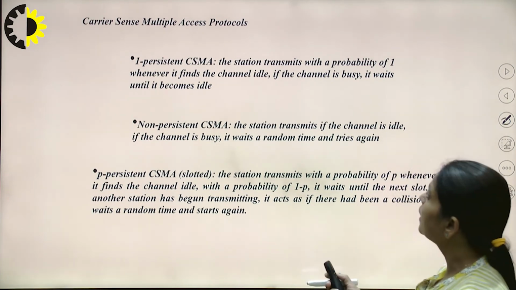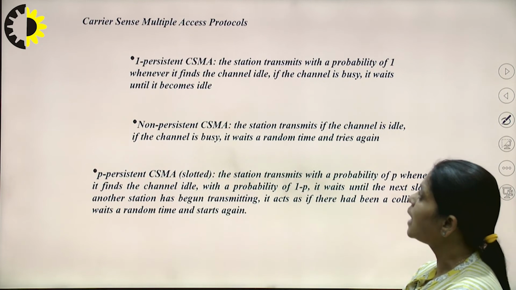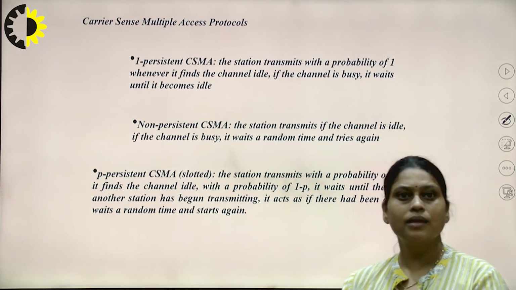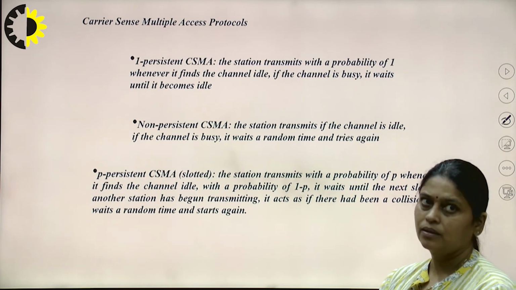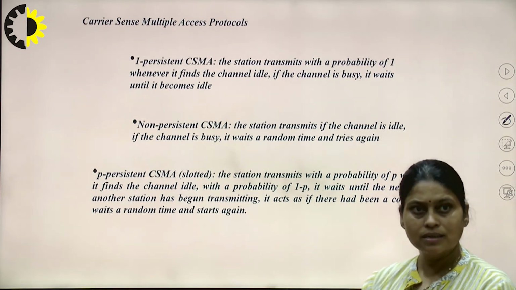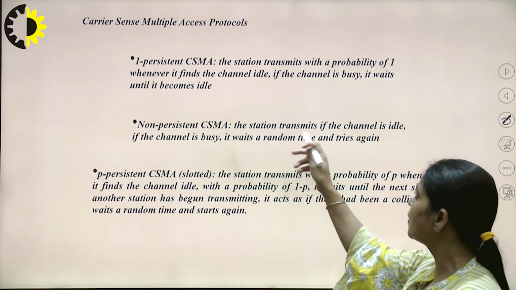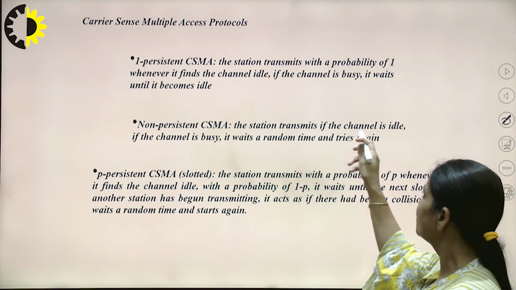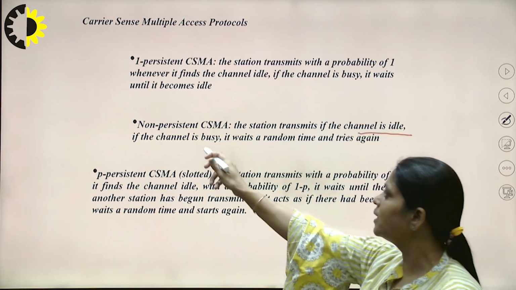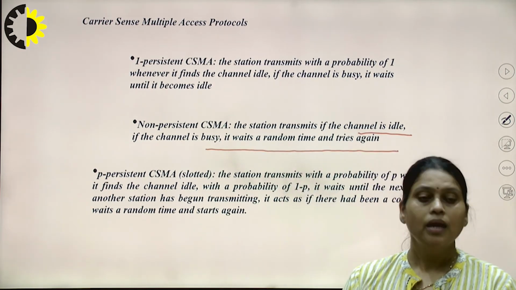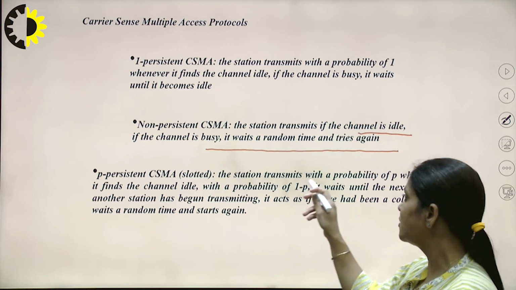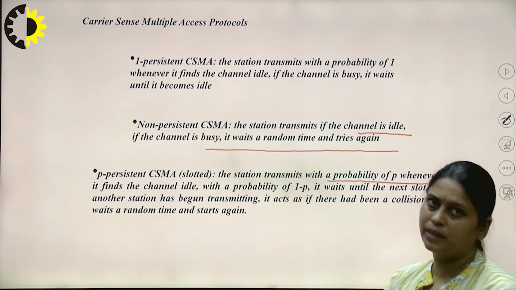In 1-persistent, the station transmits with the probability of 1. Non-persistent means that if the channel is busy, the station waits a random time and tries again. In P-persistent, the station transmits with the probability of P.